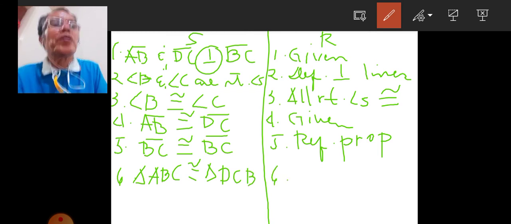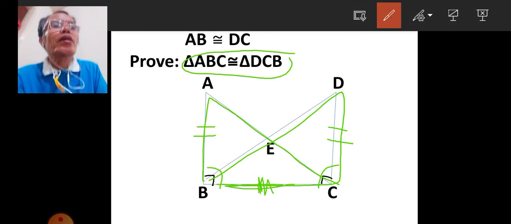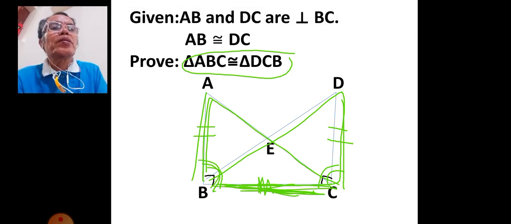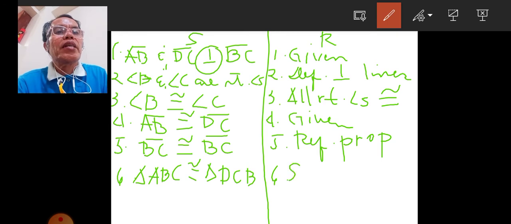And what would be our reason? So our reason is this side is congruent to this side. This angle is congruent to this angle. This side is congruent to itself. So side, angle, side. So side, angle, side postulate.